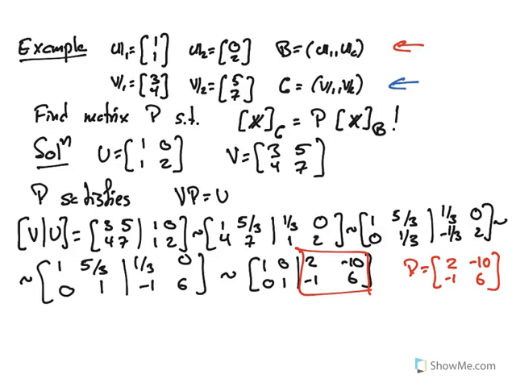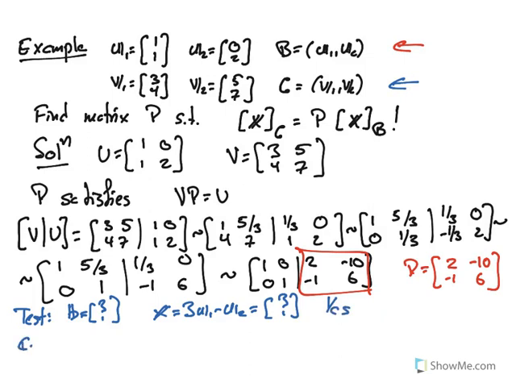So let's do a quick test to see if this worked. Suppose B is equal to 3, 1. Then x is 3U1 minus U2, which is equal to 3, 1. Yes.